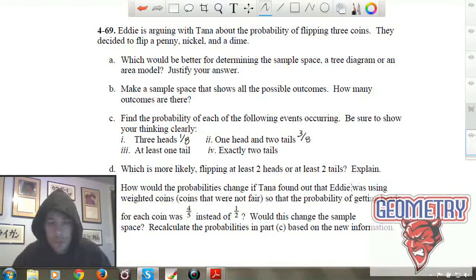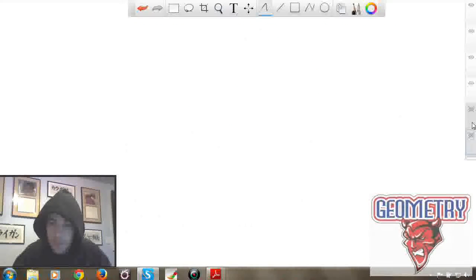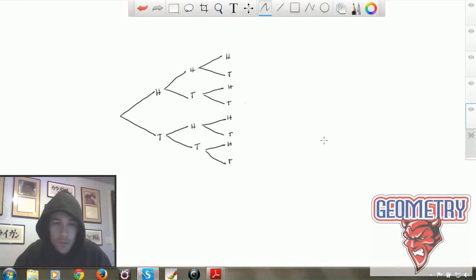At least 1 tail, so that means it could end up with 1 tail, 2 tails, or 3 tails in this instance. So we're just looking at every possibility in which at least a tail occurs. So there 3 tails occurred, there 2 tails occur, there 2 tails occur, and there 1 tail occurs. There's 2, there's 1.